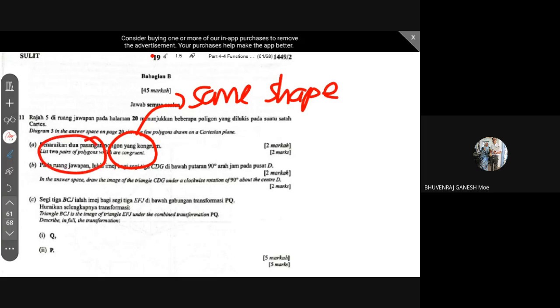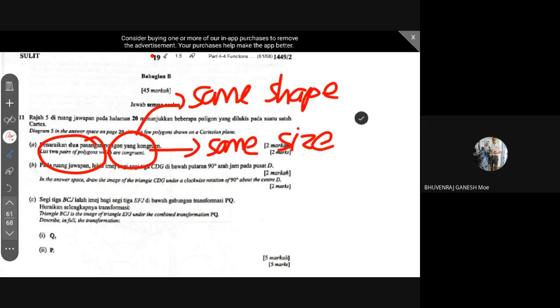Don't know. So like I said to both of you, congruent means, the first point, it has to be the same shape. Means the two things that we are comparing now, the two pairs of polygons, both of them must have the same shape.